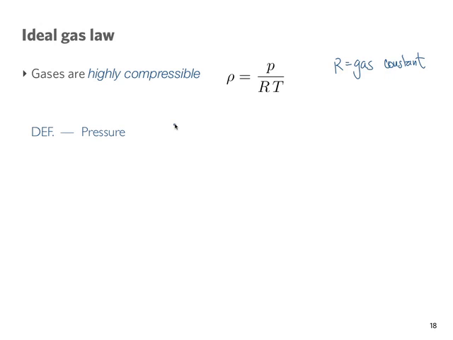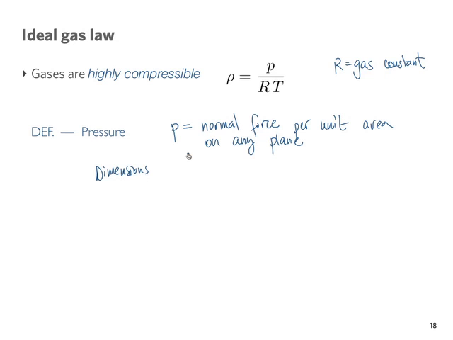The pressure, let's define the pressure, is a normal force per unit area on any plane. The dimensions of pressure are therefore force length to the minus 2, the same as stress, force per unit area.